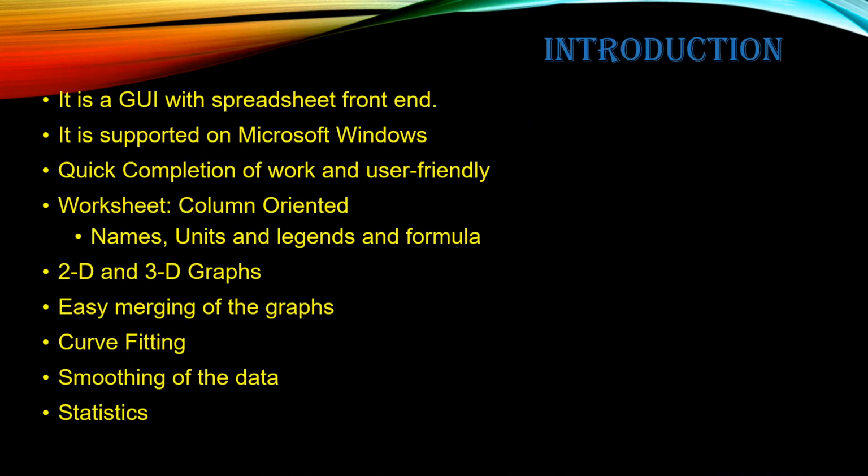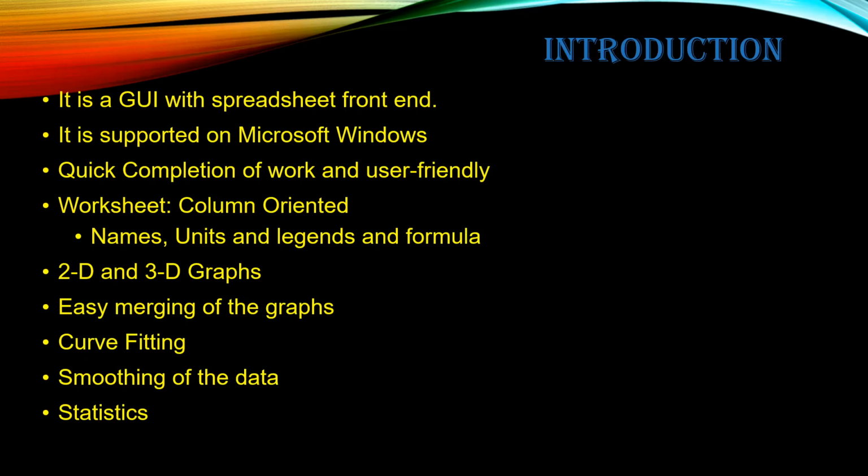It is a graphical user interface with the spreadsheet front end. I'll explain what is graphical user interface with the spreadsheet front end in the next slide, and it is supported on Microsoft Windows only. It is used in quick completion of the work, and it is user friendly software.